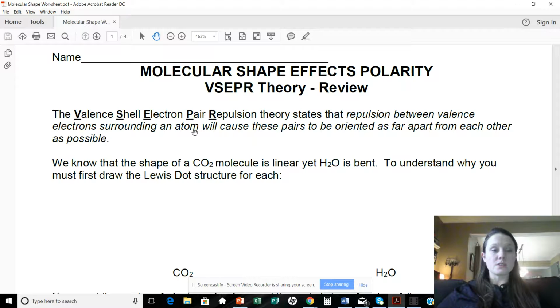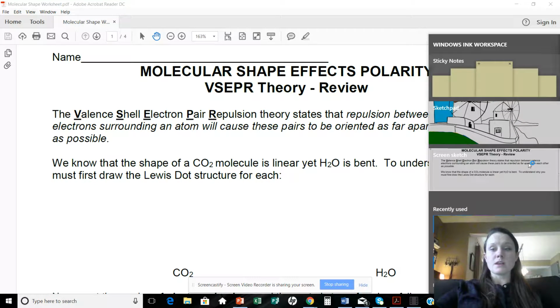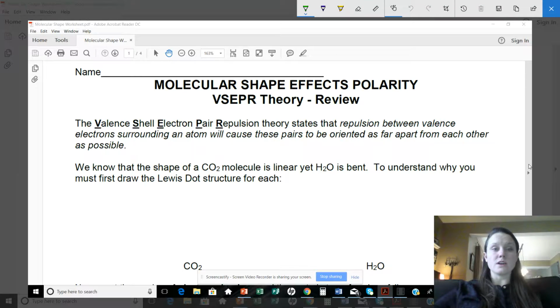To start, let's review what VSEPR theory means. VSEPR theory is an acronym that means valence shell electron pair repulsion theory. That's what VSEPR stands for. So at the top of your packet, you guys should see that. Valence shell electron pair repulsion theory.